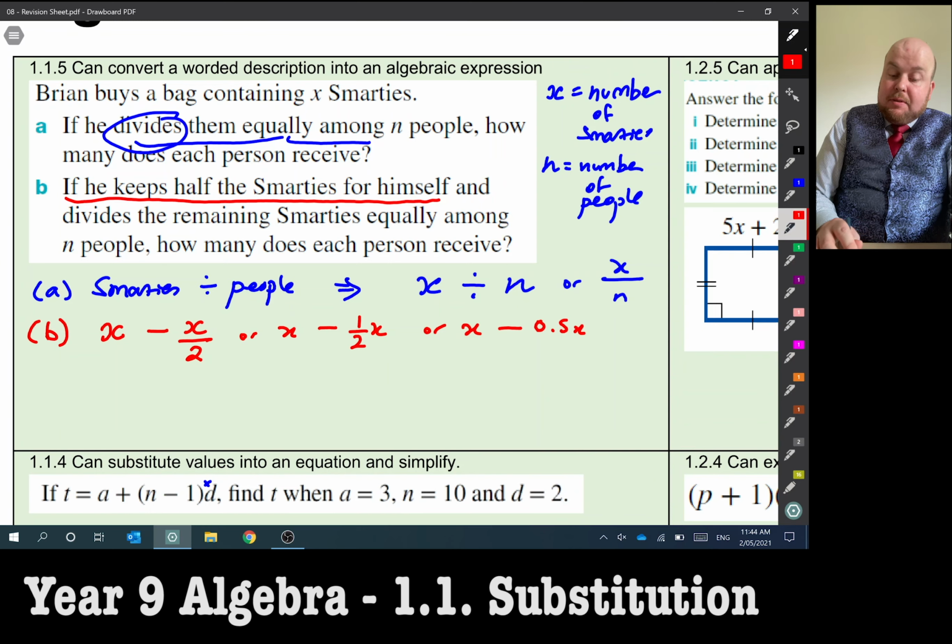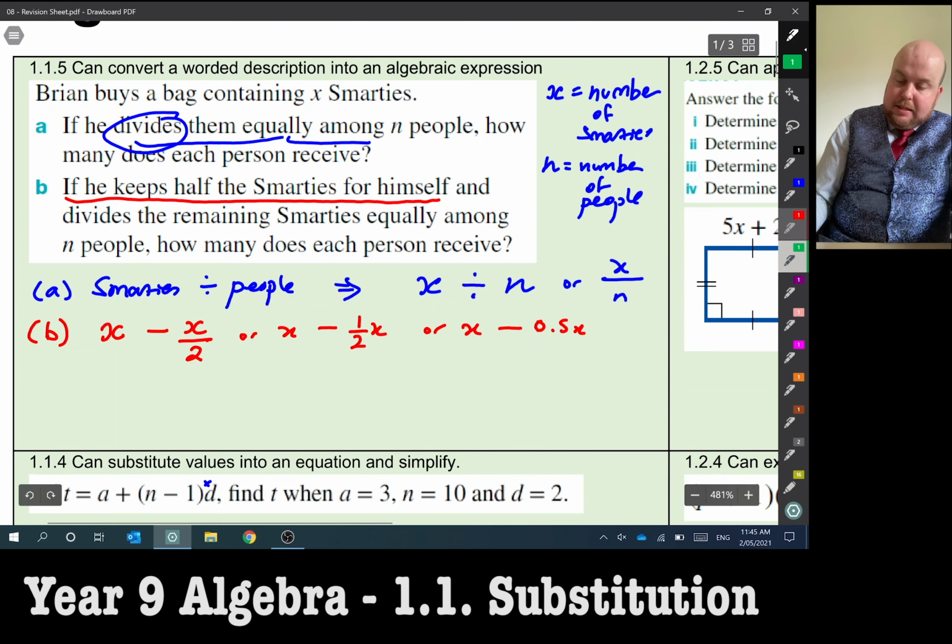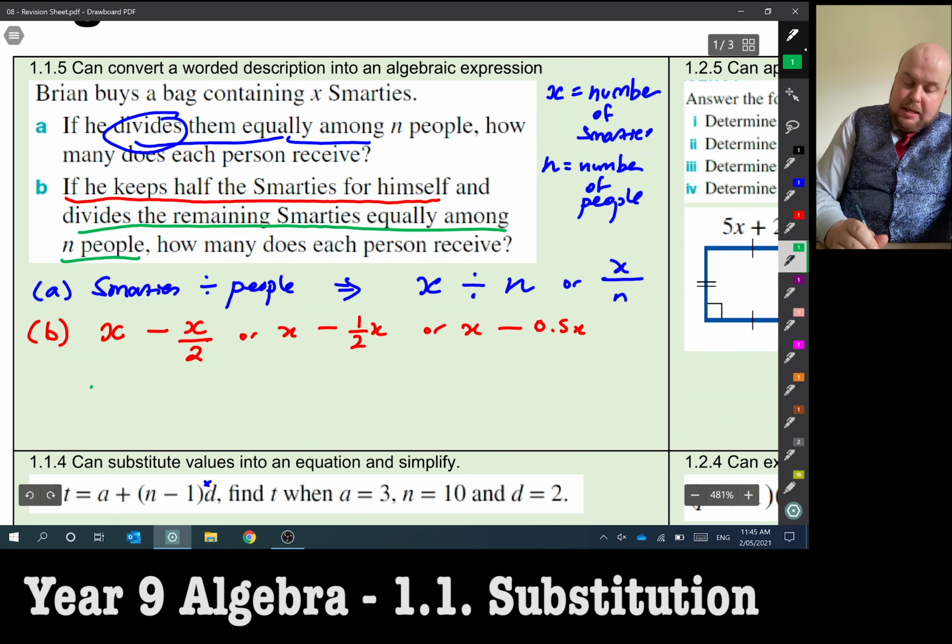Then he divides the remaining Smarties equally among N people. How many does each person receive? So this writing in red tells me how many is left over that he's going to then divide. So he then divides the remaining Smarties among N people.